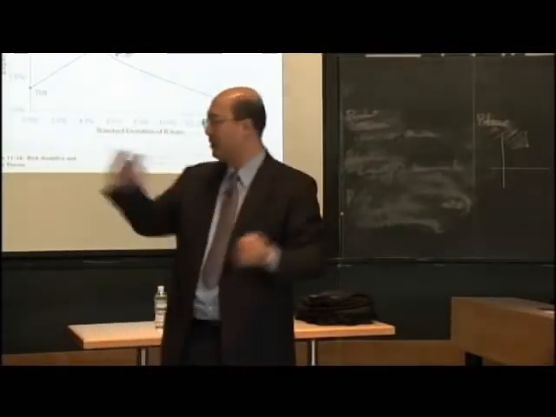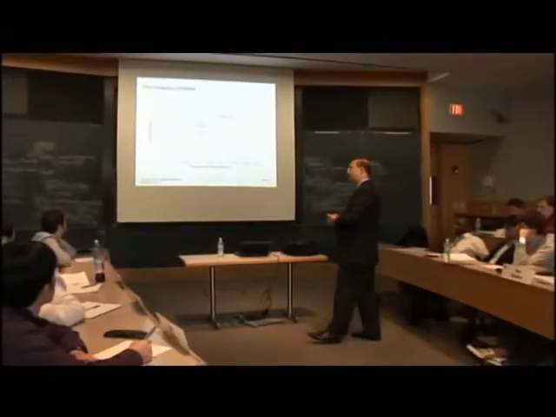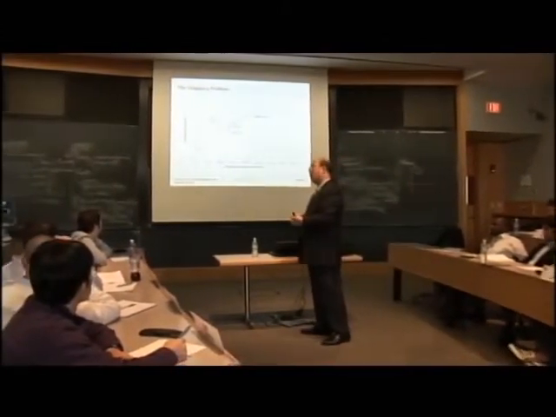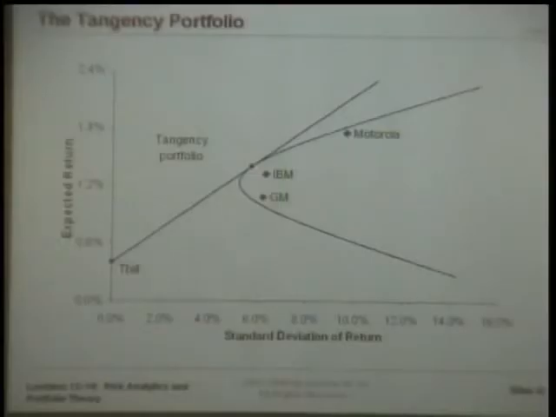Okay, now questions, Ingrid. Is there a particular level of risk that takes you exactly to the tangency point? Yes. In fact, this tangency portfolio is one very particular and special portfolio. So in other words, it's a particular weighting of IBM, General Motors, and Motorola that gives you this particular portfolio.